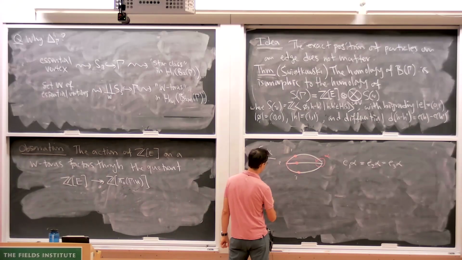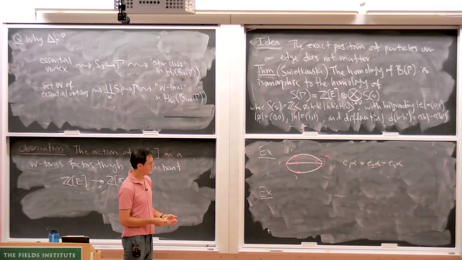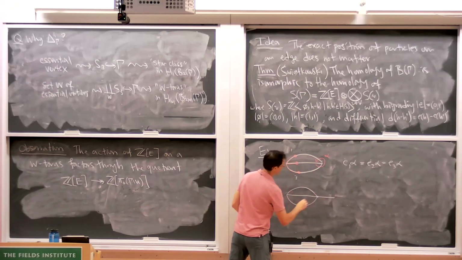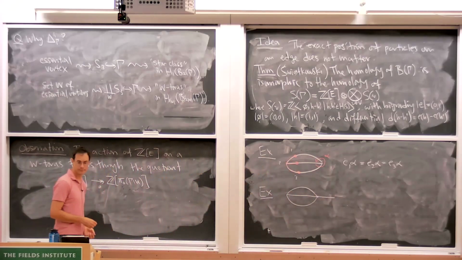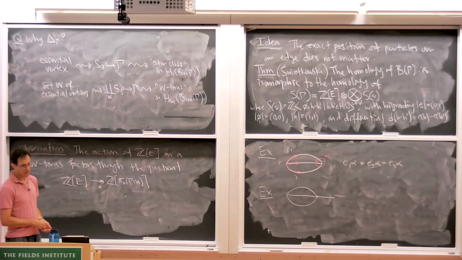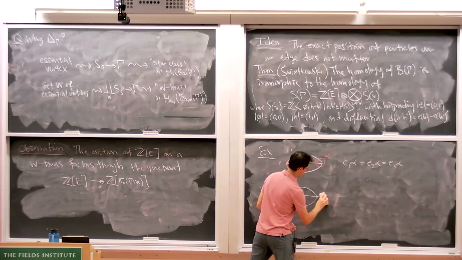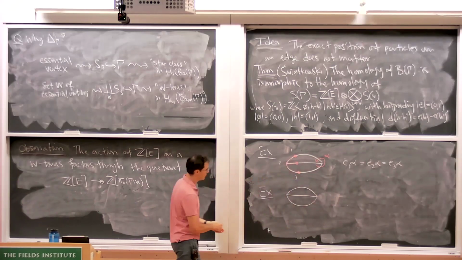Sometimes no. So if we look at another example, if we give the theta graph a tail, I guess I wanted to put an intermediate example before I went there.